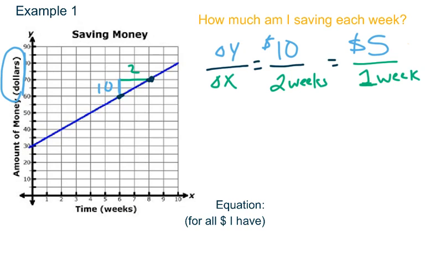So it's moving up 10 from 60 to 70. And then the change in x is moving along the x-axis from 6, moving over to 8. So that distance from 6 to 8 is 2. So $10 divided by 2 weeks would be $5 per 1 week. So that's the first question they're asking me. It would be $5 per week, and if I simplified that, my rate of change would be 5.